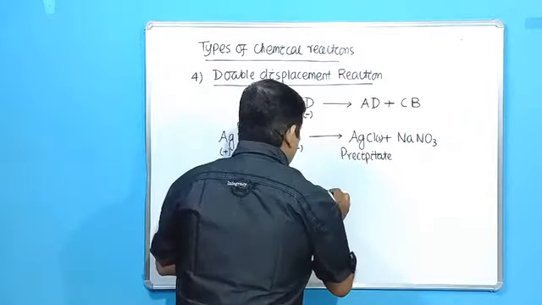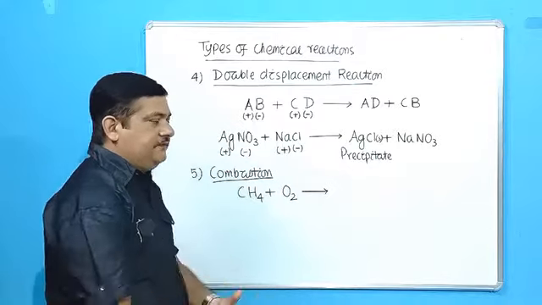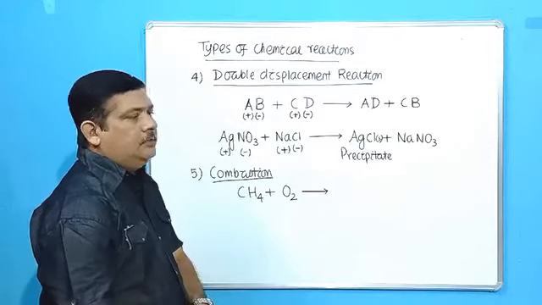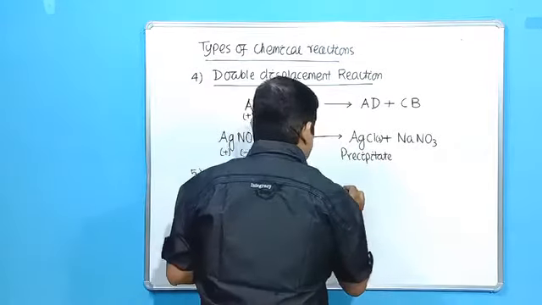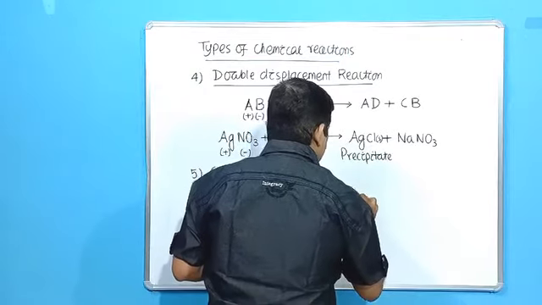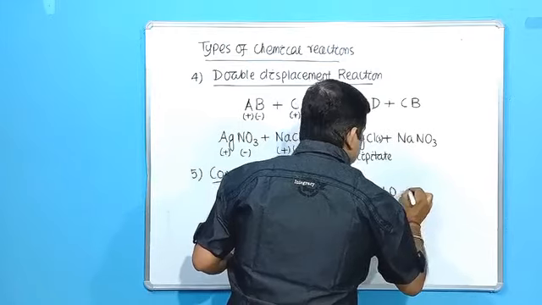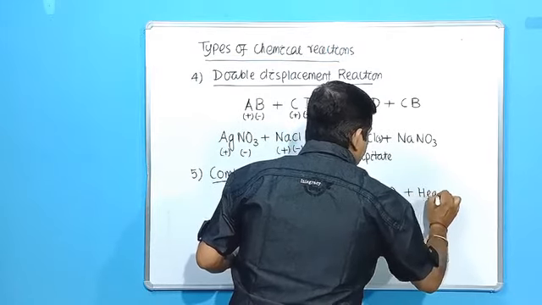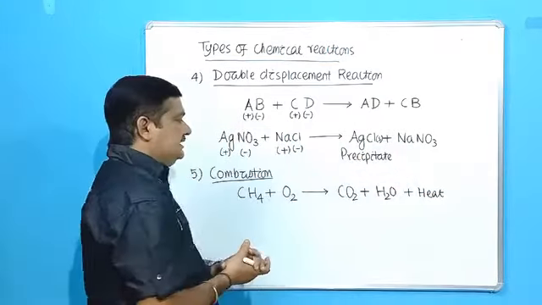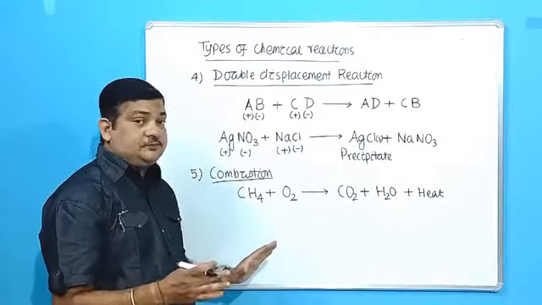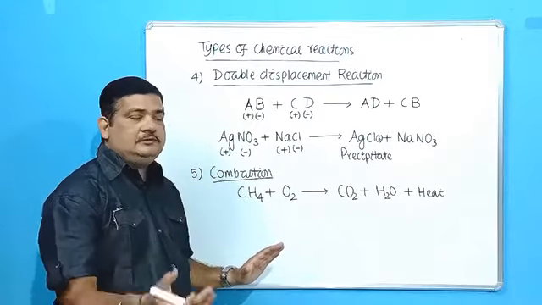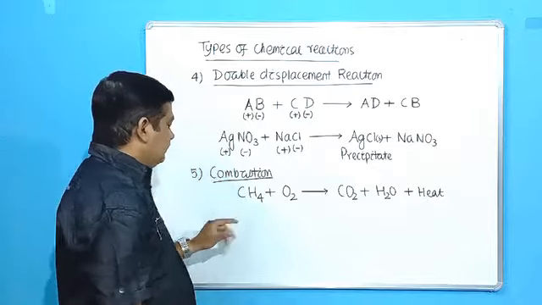So any fuel when it burns in presence of oxygen will definitely produce carbon dioxide plus water plus an enormous amount of heat. Sufficient amount of heat it produces. That's why they are used as fuel, to produce heat. Okay.